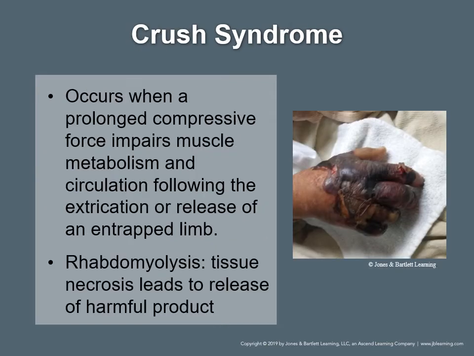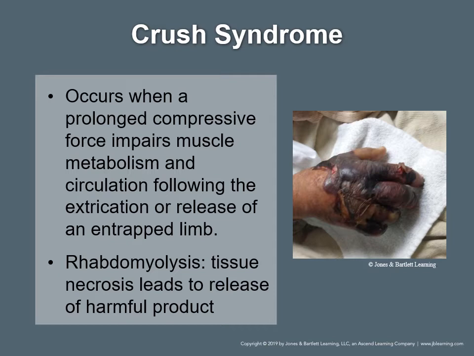Crush syndrome. Crush syndrome occurs when a prolonged compressive force impairs muscle metabolism and circulation following the extrication or release of an entrapped limb. Rhabdomyolysis is tissue necrosis that leads to release of harmful products.